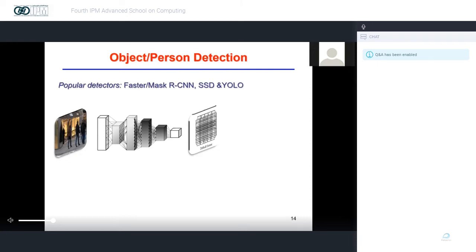We have a neural network, like a convolutional neural network, which takes the image as input, and independent of whether it is two-stage or single-stage, what they try to generate in the output is, at a coarse level for every location and scale, an estimate of a bounding box. Actually, not the bounding box, but whether that location and scale includes an object or not.